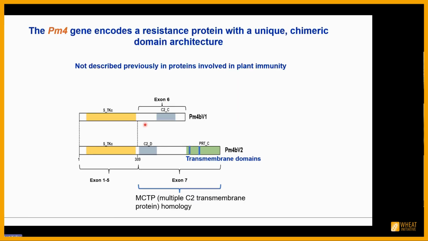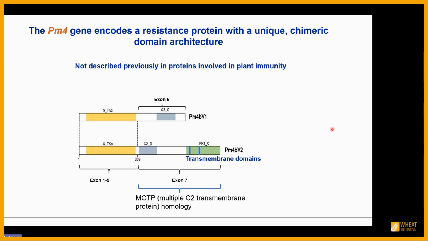These 2 splice variants encode chimeric proteins with a kinase domain and the C2 domain in both cases, and splice variant 2 has in addition a transmembrane domain. This structure is similar to multiple C2 transmembrane proteins which have been described in Arabidopsis, but in Arabidopsis the genes do not contain these kinase domains.